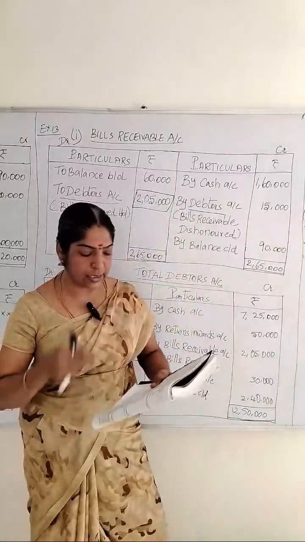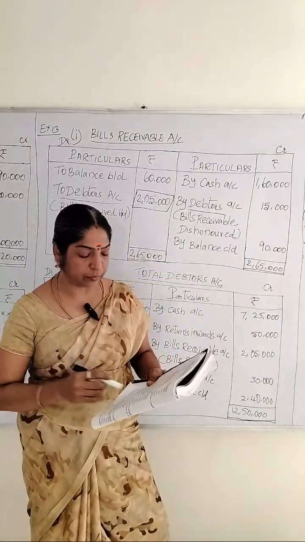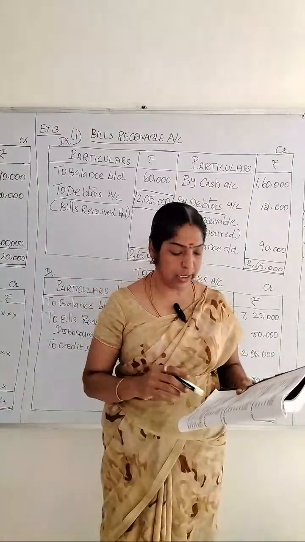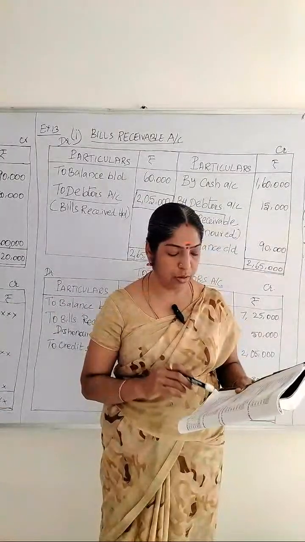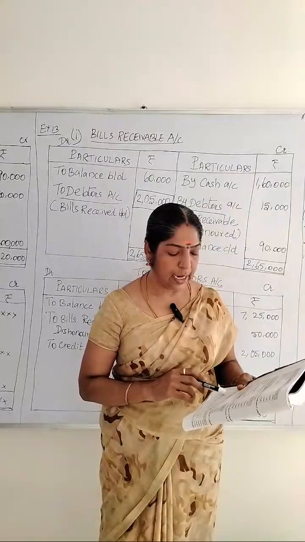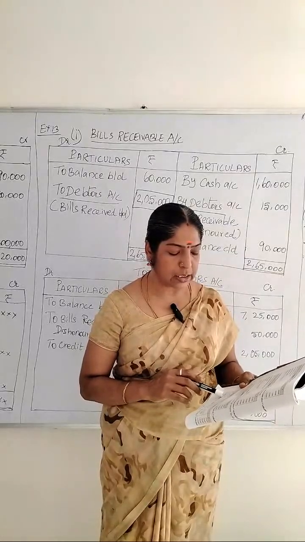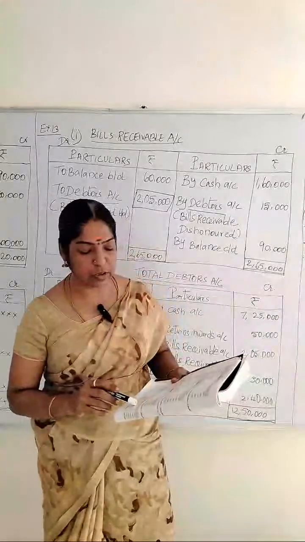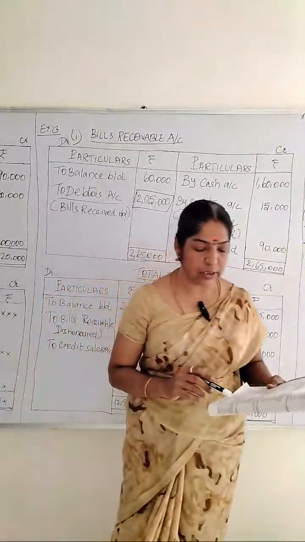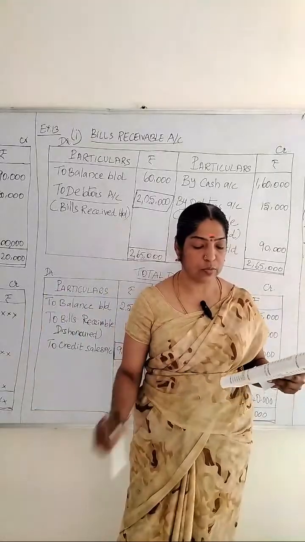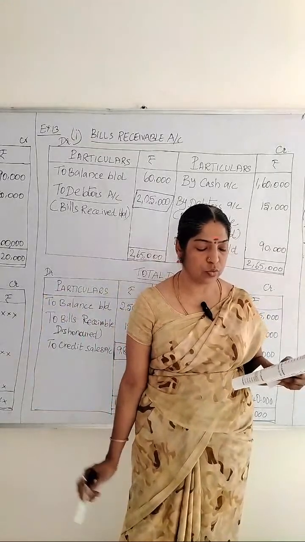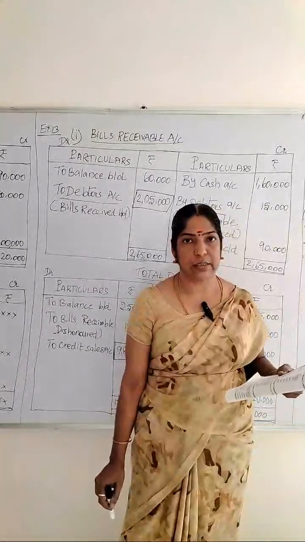Okay, so let's read the given information. Total debtors on 1st April 2018, bills receivable on 1st April 2018, cash received from debtors, cash received from bills receivable, bad debts, bills receivable dishonored, return inwards, bills receivable on 31st March 2019, sundry debtors on 31st March 2019, and cash sales.